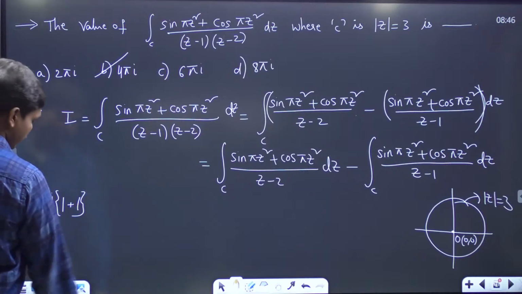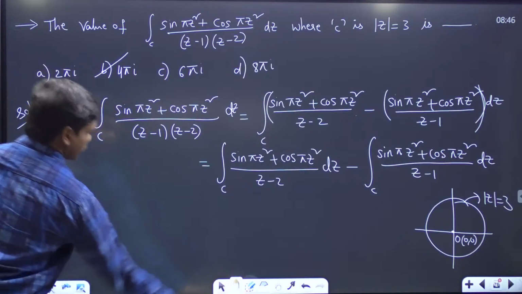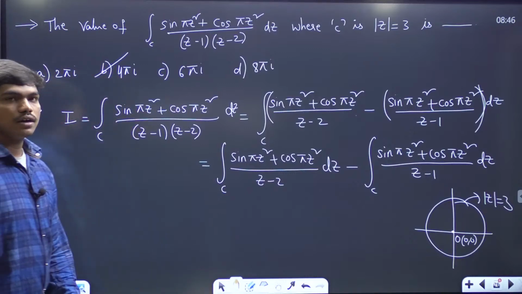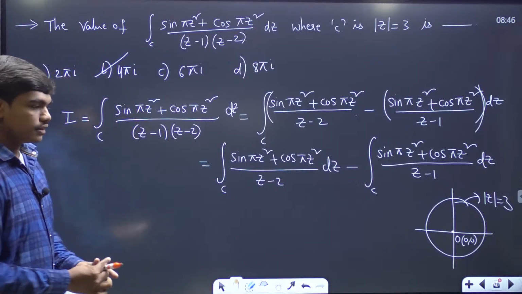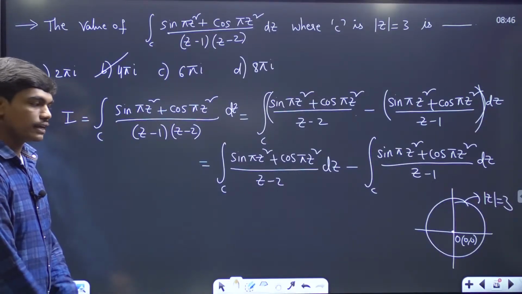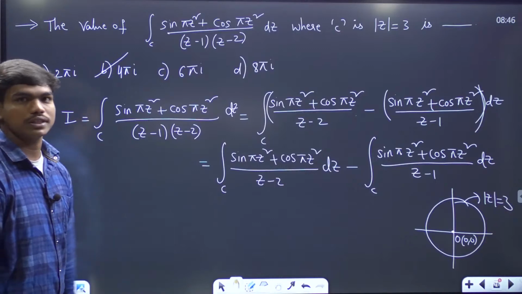The correct answer is 4πi. Don't worry, I am performing some tricks here. From tomorrow you can also perform them, after I tell you something called the Cauchy integral theorem.